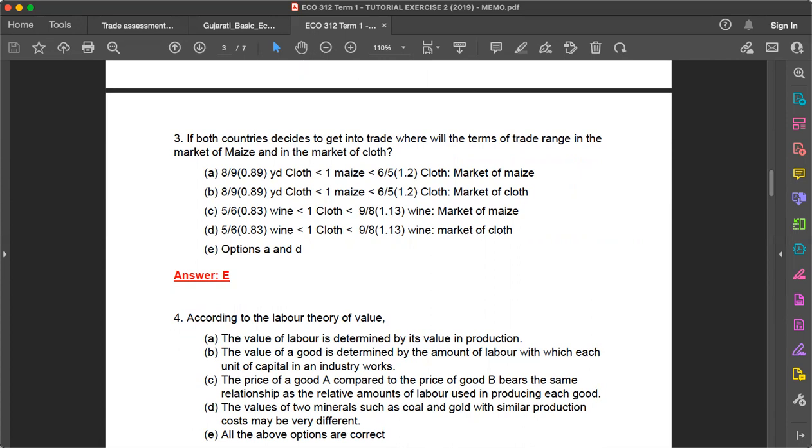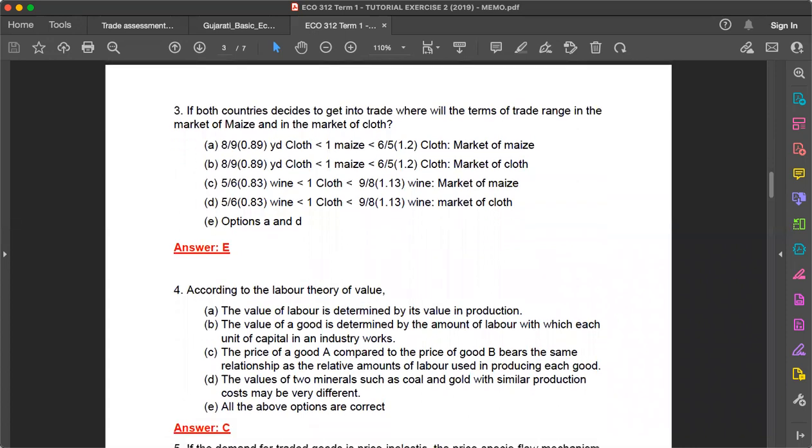It's on the first page of the tutorial. So please look for that. The answer is C. The price of a good A compared to the price of good B bears the same relationship as the relative amounts of labor used in producing each good. So please pay attention to the labor theory of value right there.